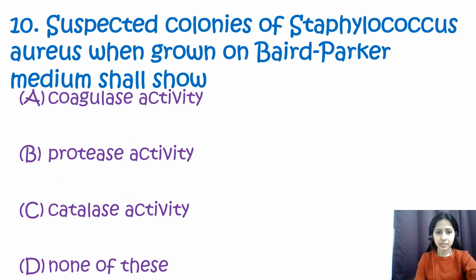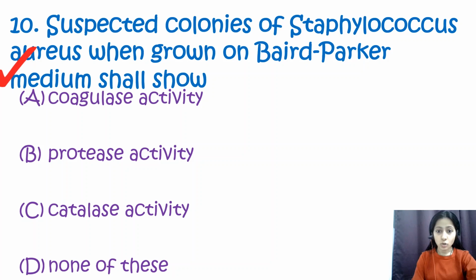Question number 10. Suspected colonies of Staphylococcus aureus when grown on Baird-Parker medium shall show option A, coagulase activity, option B, protease activity, option C, catalase activity, and option D, none of these. So the suspected colonies of Staphylococcus aureus, when grown on the Baird-Parker medium, actually show coagulase activity.